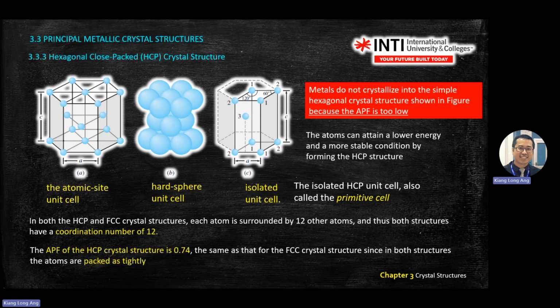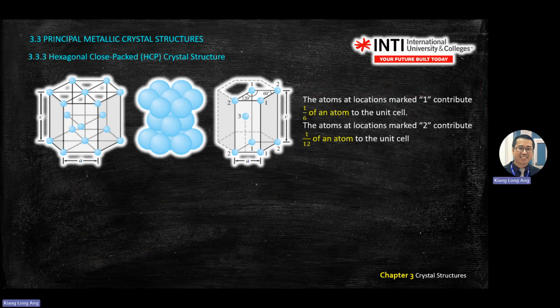So APF for HCP is 0.74 also. Okay. So the atom marked as 1, this location is 1/6 of the atom.